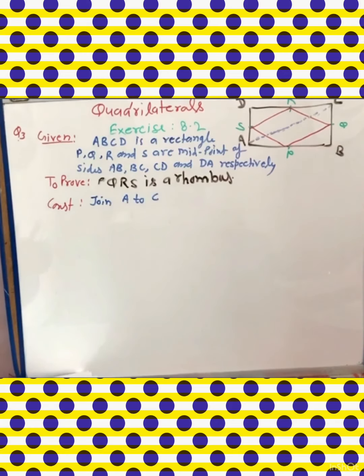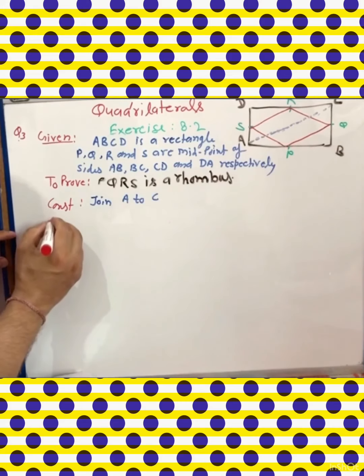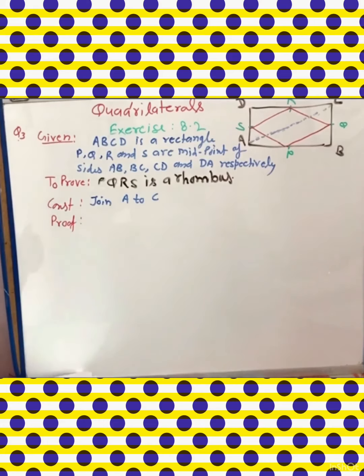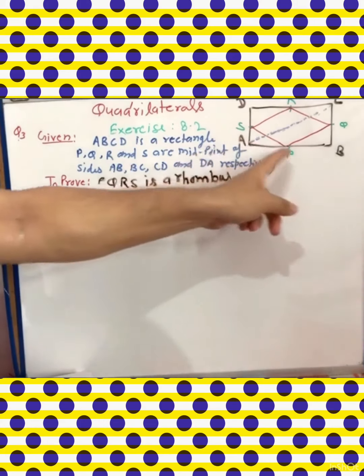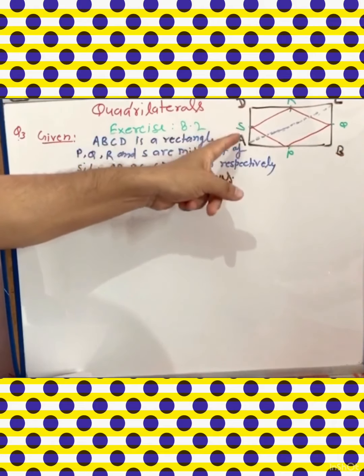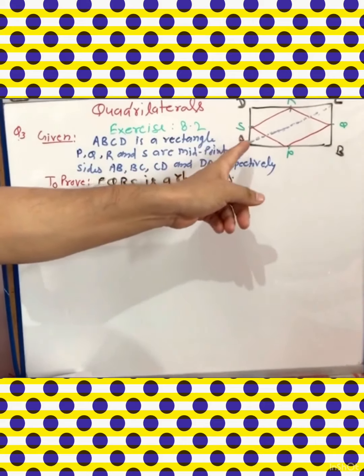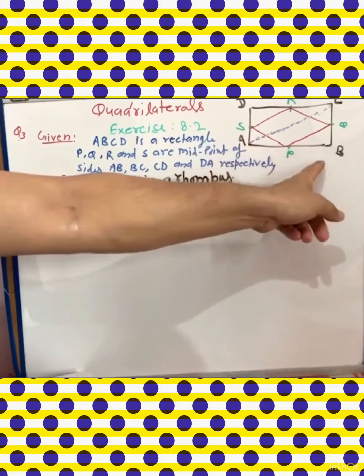Okay. Now what is the requirement? The requirement is to prove that. So you will start the solution, that is the proof. In triangle ABC, otherwise you can take triangle ADC, anyone. So we will start serially with ABC.